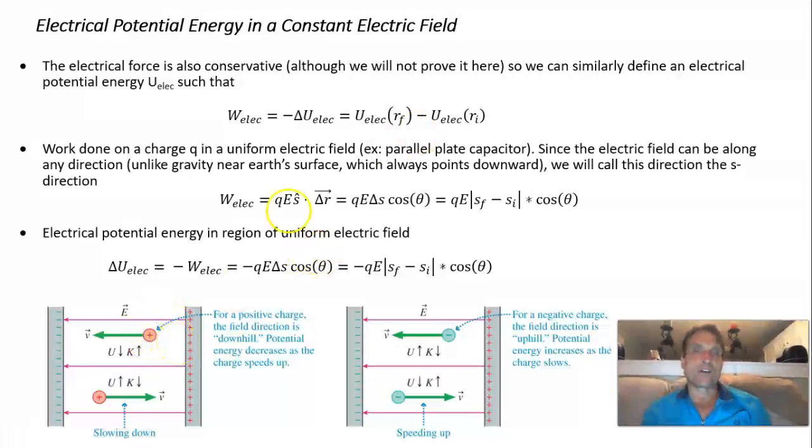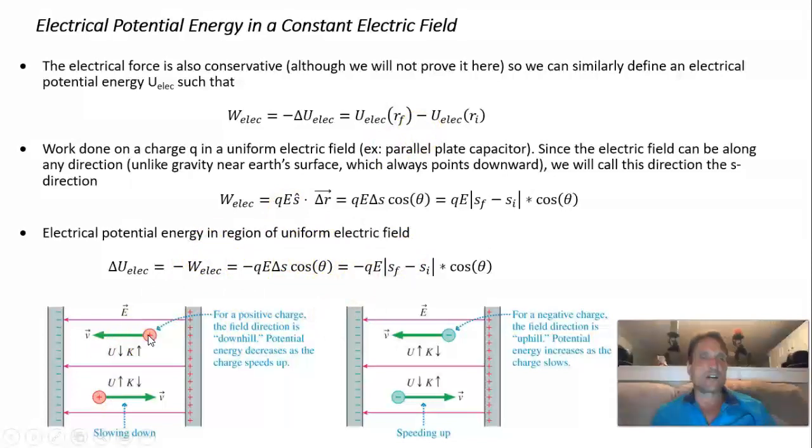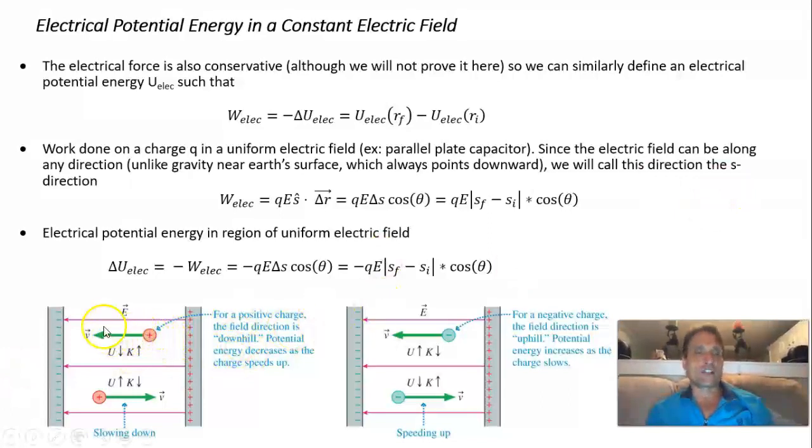Then we calculated the work, and if you have the positive charge moving from plus to minus, the force on the positive charge is in the same direction as the field, and that's in the same direction as the displacement. And so the cosine of the angle between the field and the displacement is 1 because theta is 0. They're in the same direction.